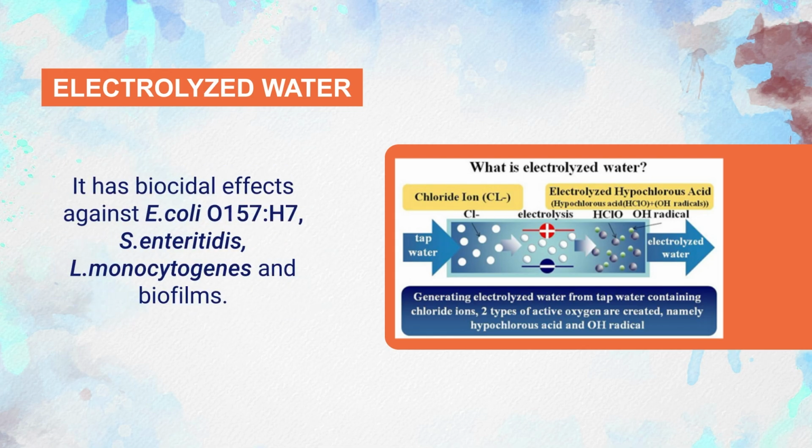It can even handle E. coli on the surface of the food material, thereby disinfecting it. Particularly the E. coli O157 kind of strain can also be handled. Listeria monocytogenes can also be addressed through this water. They can be disinfected. Good CFU reduction can be there.